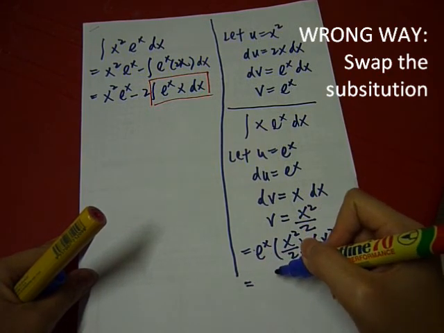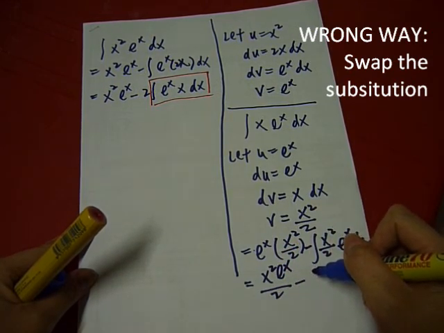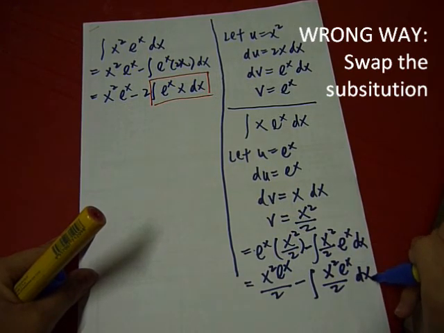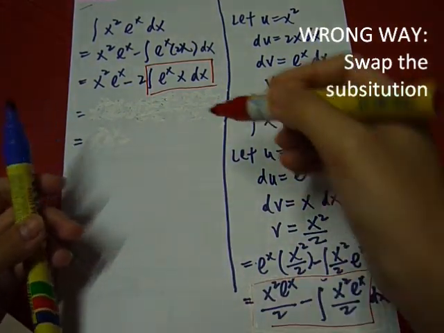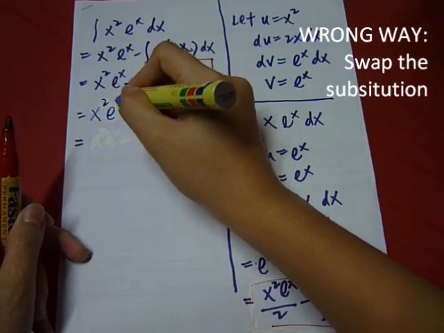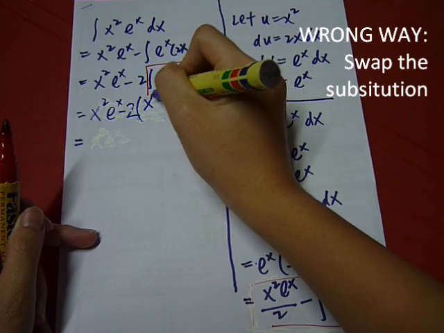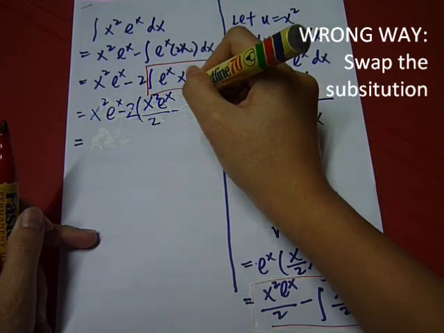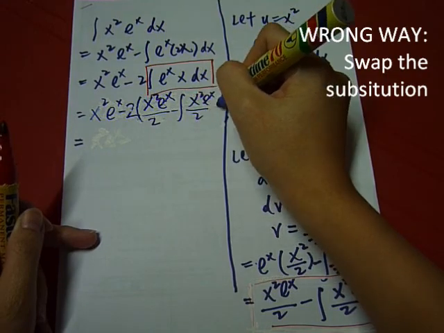Then it is equal to x squared e^x over 2 minus integration x squared e^x over 2 dx. And now we substitute this back into the question. So it's equal to x squared e^x minus 2 times x squared e^x over 2 minus integration x squared e^x over 2 dx.